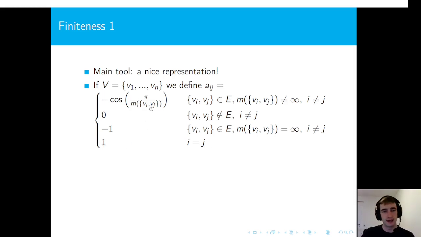So why does this cosine appear? The intuitive idea is that you want to regain the angle between the hyperplanes.